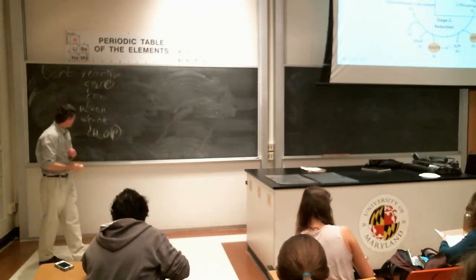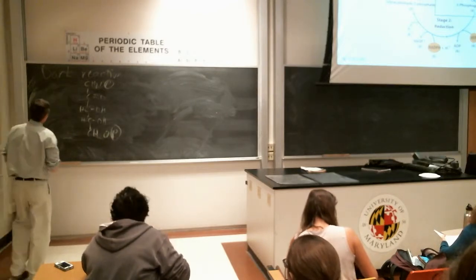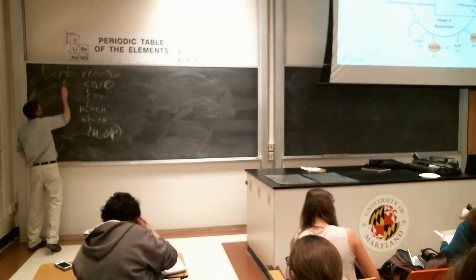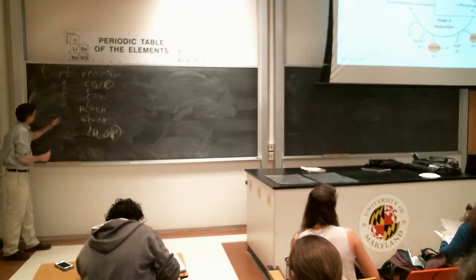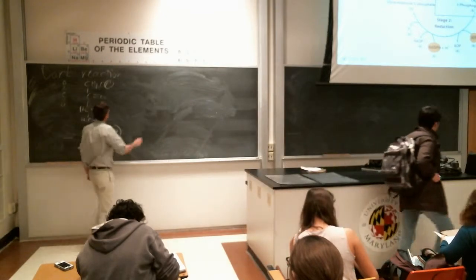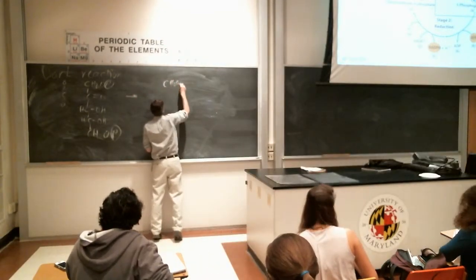So there's your ribulose 1,5-bisphosphate. This is 5 carbons, so we have to add a carbon from carbon dioxide. That carbon is going to be added at this position, and there's going to be an intermediate which has this structure.